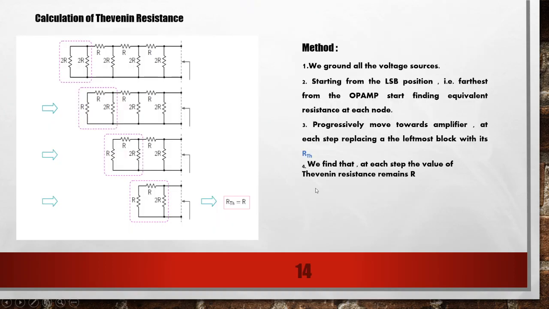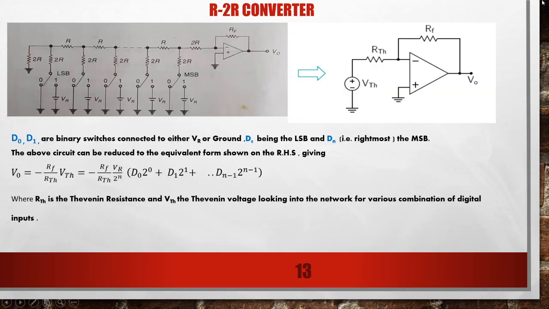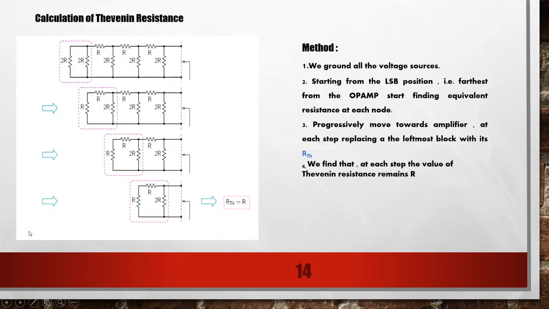First of all, what we do is we find the Thevenin resistance. For that, as we know, we replace all the voltage sources by short circuits. That means in this case we ground all the sources. Now what happens, we have a network of 2R and R resistances, right? Now if you look at this one, say if we go for a Thevenin equivalent of these two 2R, since these two are in parallel, we get a resistance of R. So place this here.